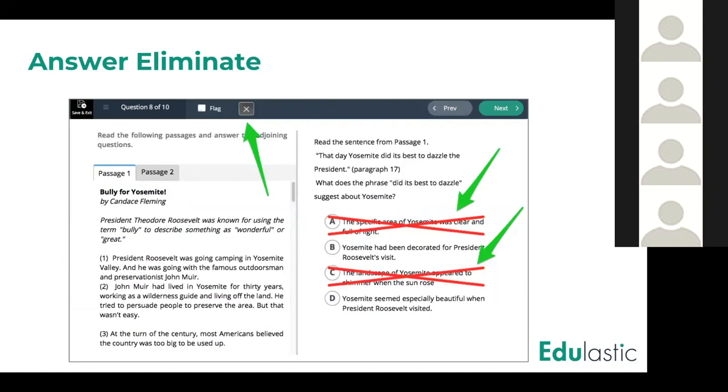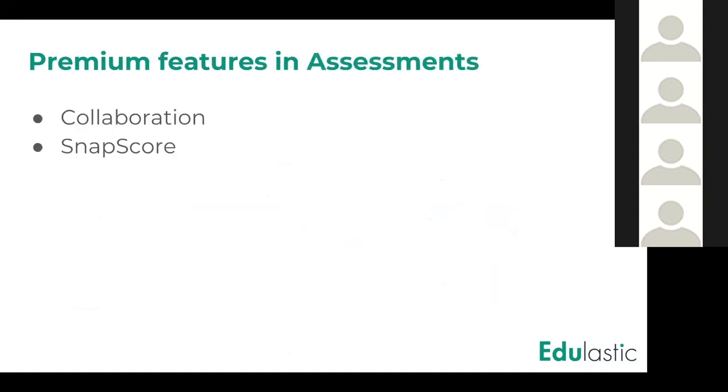I can just click on that X above and start Xing out a couple, and then I can click that X again to be out of Answer Eliminate mode and be able to answer the question there. That can be helpful, and I think it was requested a lot because it mirrors a lot of state tests. So we added it, and it's a nice student-facing feature.